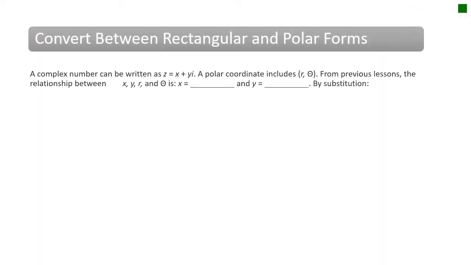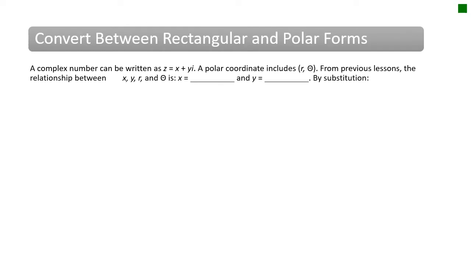So, convert between rectangular and polar form. A complex number can be written as z equals x plus yi. A polar coordinate we know is (r, theta). From previous lessons, we know these relationships. We learned that x equals r cosine theta and y equals r sine theta.